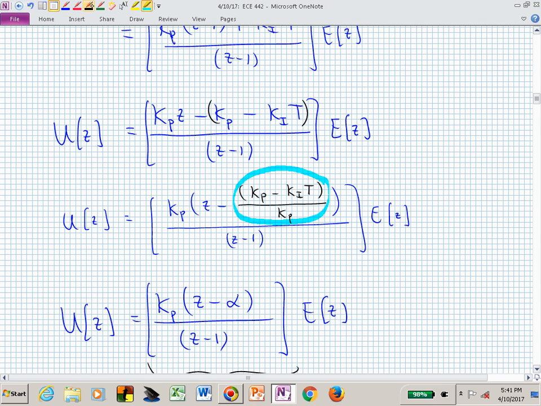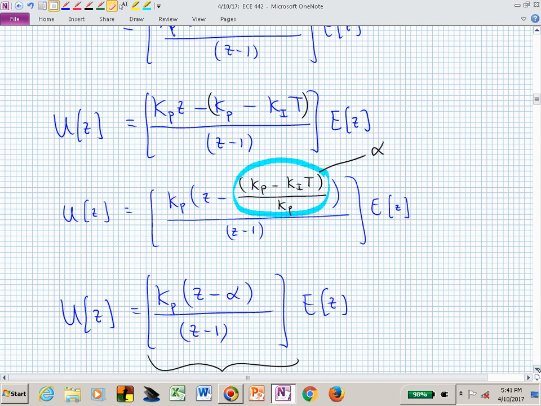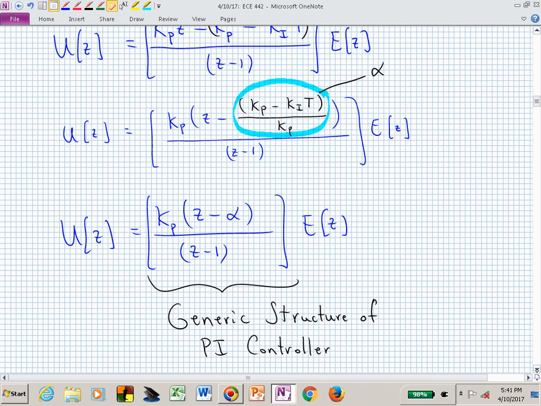Now what I've circled in this highlight is what I will just call a constant alpha. So that now if somebody says, you want a proportional integral controller in a discrete time system, this is the generic structure that you're specifying exists in your controller.